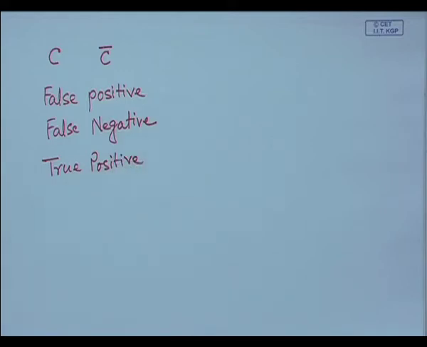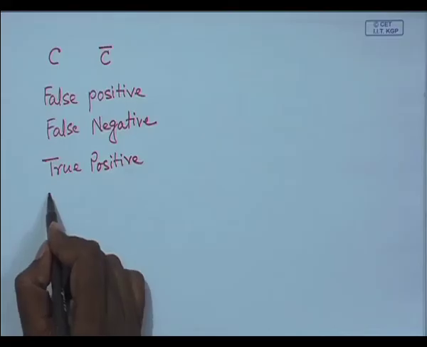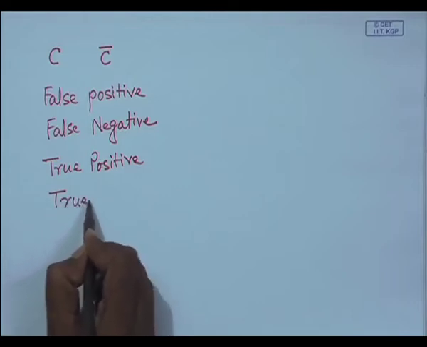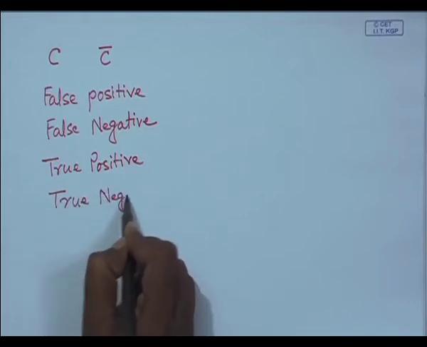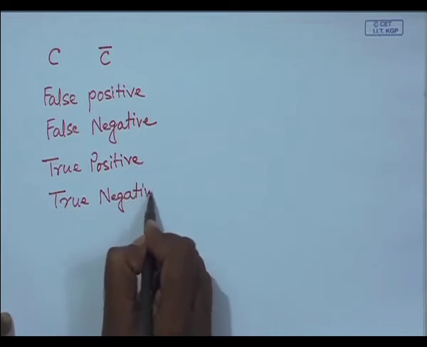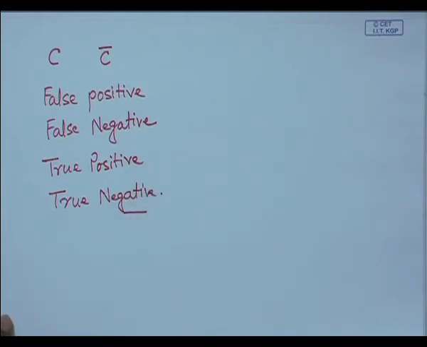And a case when a sample actually belongs to class C complement and it has been classified to belong to class C complement, that is a case which is known as true negative. So, I have a true positive case, I have a true negative case. These are the different cases that I can have.